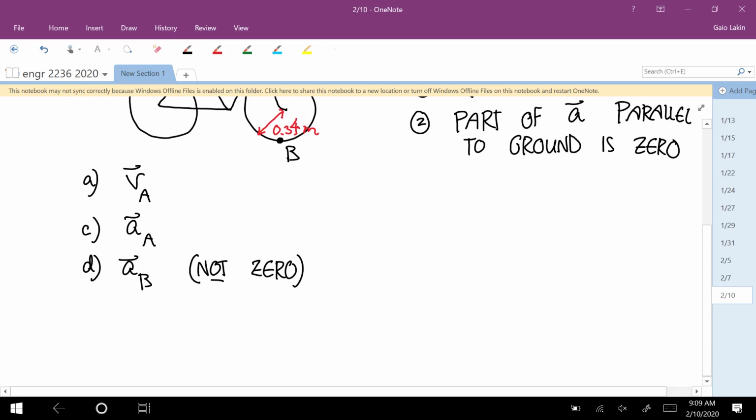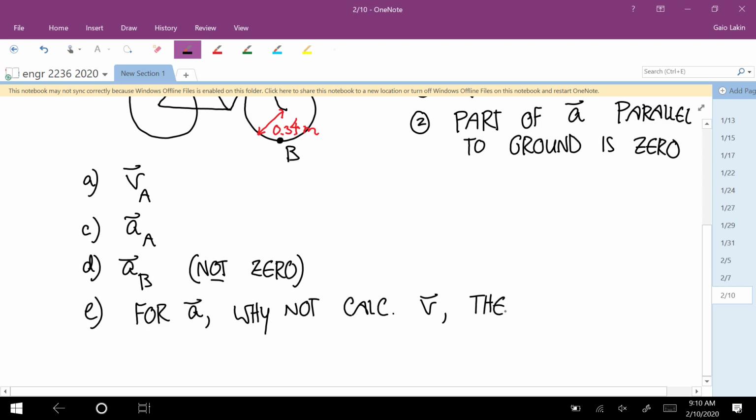And then it asks for acceleration. Why not just, once you've calculated the velocity, because we have to do that first in this problem, just use the fact that acceleration is equal to the time derivative of the velocity.